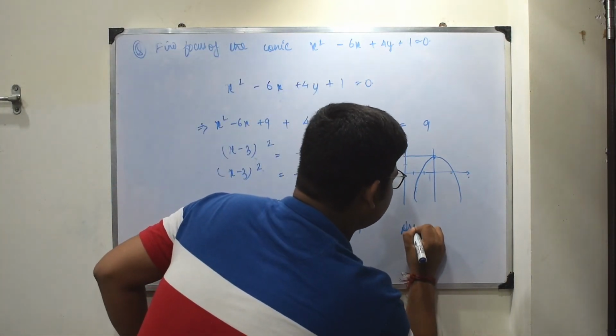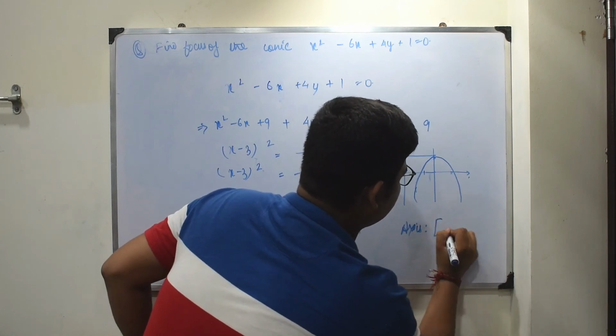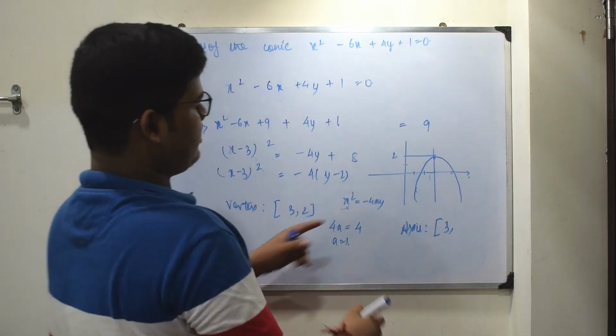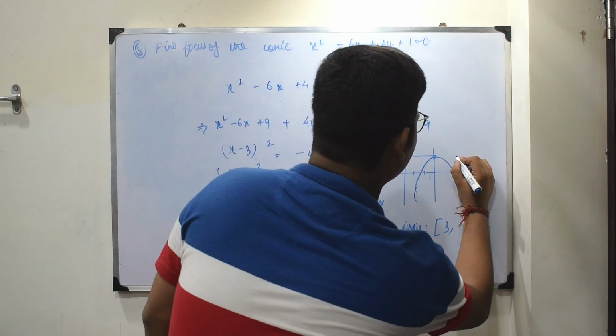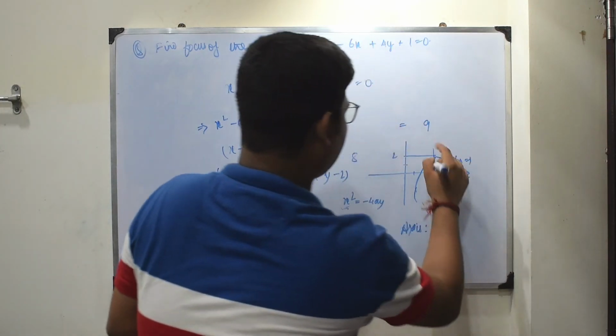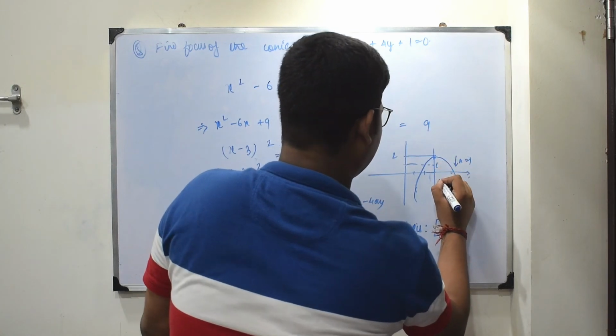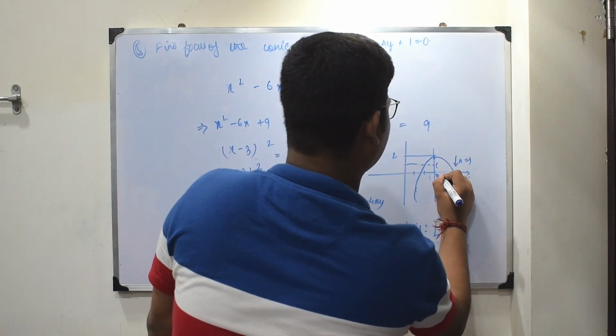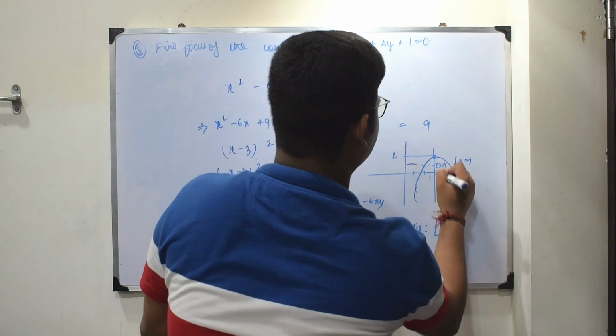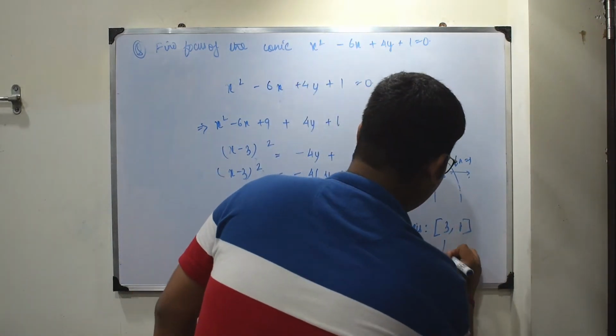So x equals 3 remains constant, and if we go down by a, which is 1, we are getting 1. So this is x equals 3, so this is 3 comma 1. Answer is 3 comma 1.